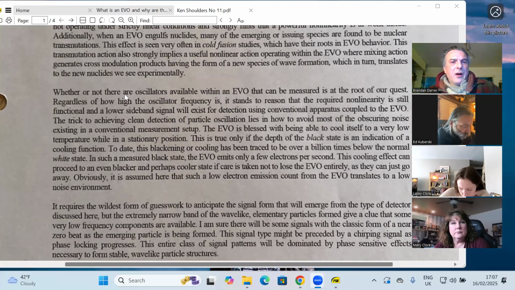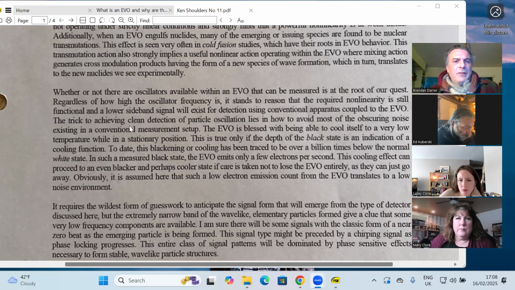Whether or not there are oscillators available within an EVO that can be measured is at the root of our quest. Regardless of how high the oscillator frequency is, it stands to reason that the required non-linearity is still functional, and a lower sideband signal will still exist for detection using conventional apparatus coupled to the EVO.